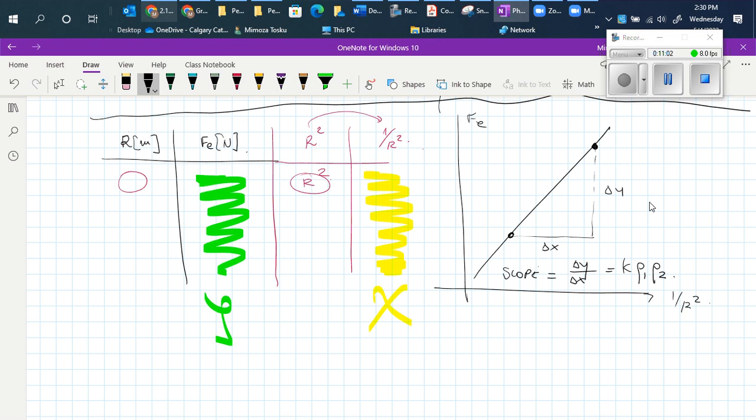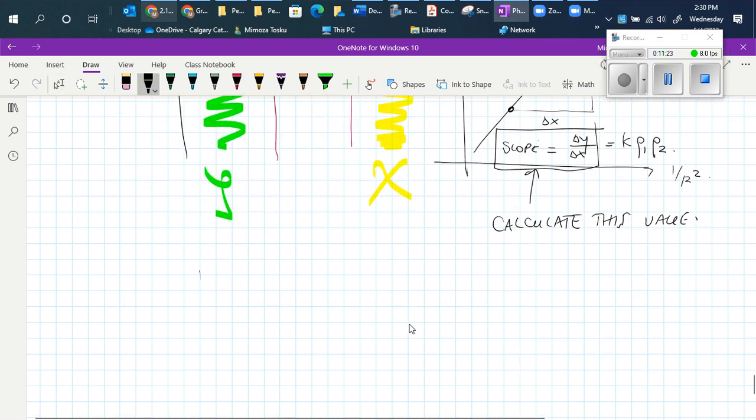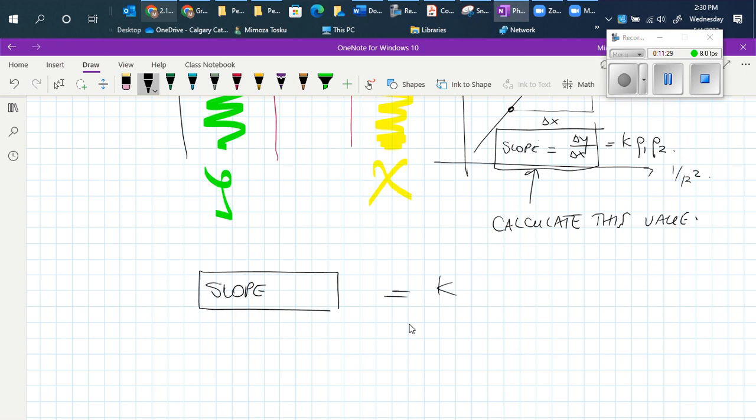So you will be able to calculate this value, meaning that you will have a number, and that number, the slope, will be k q1 q2.